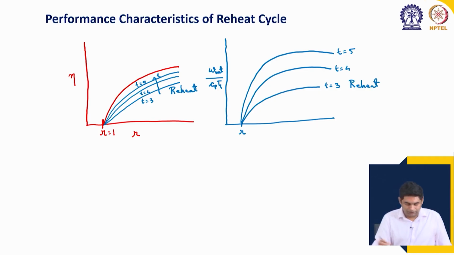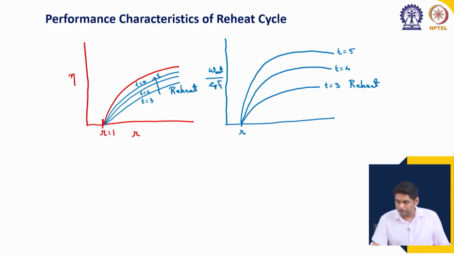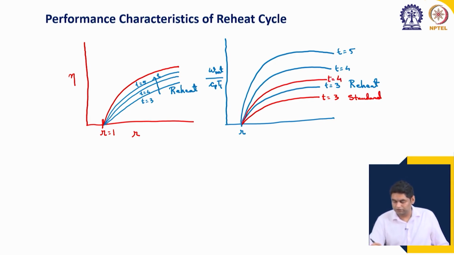The corresponding standard cycle values let us show by red color. This may be the corresponding T equal to 3 for standard cycle. T equal to 4. Quantitative comparison I will show later by plotting all the graphs using numerical values, T equal to 5.